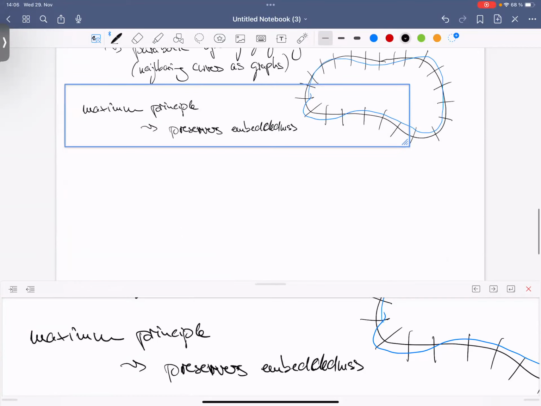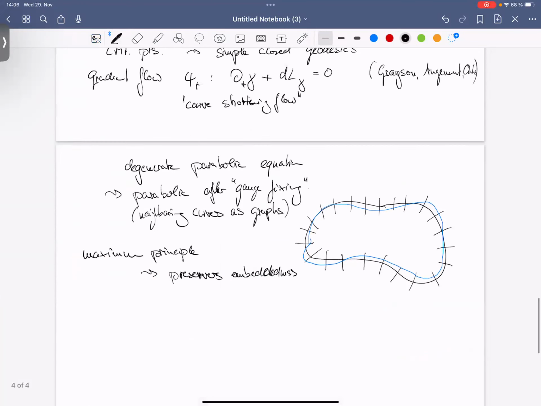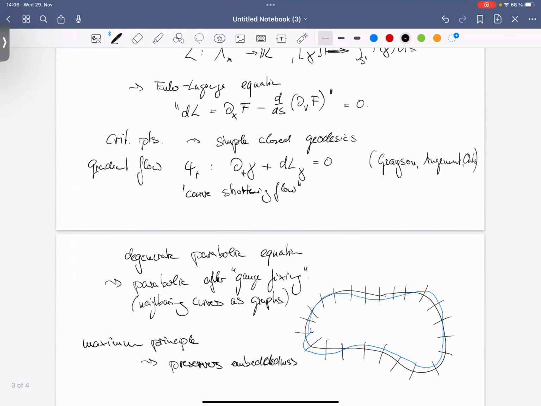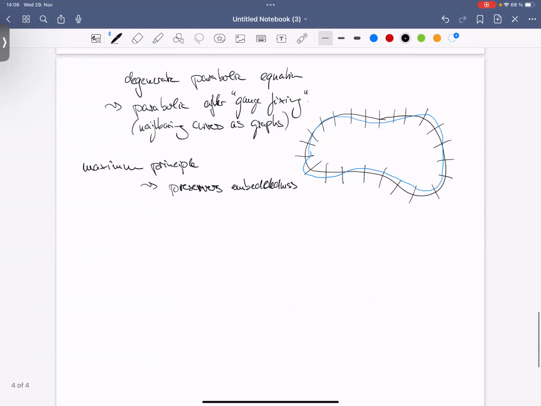So, let me maybe give you a bit of history here additionally. Grayson wrote in his first paper on this curve shortening flow that this flow should imply Lusternik-Schnirelmann, but he wrote this in a paragraph saying, yeah, a certain estimate should do it, but he never gave any details.